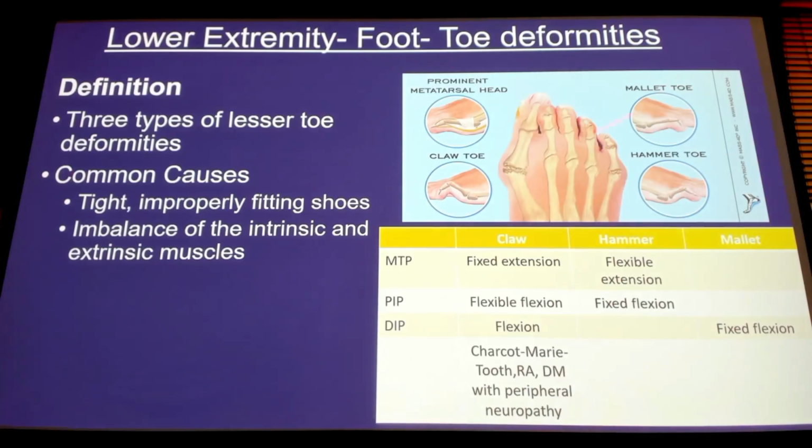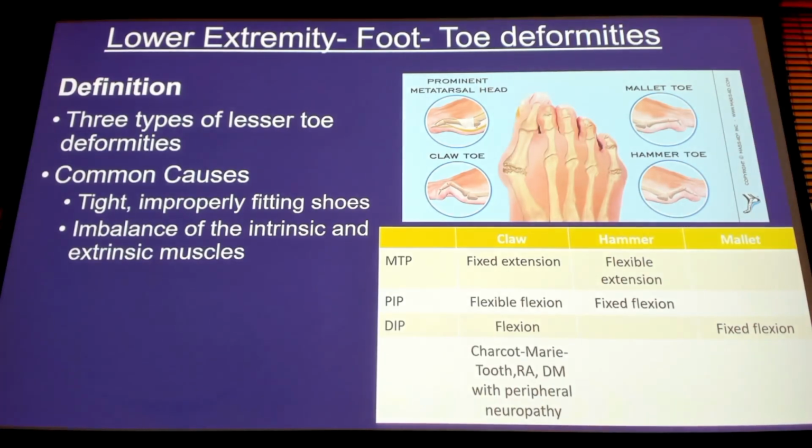So these conditions, the mallet toe, the hammer toe, and the claw toe, other than some other conditions that cause them, are usually caused by improper and ill-fitting shoes. So just like with any of the other toe conditions, what is the first thing you want to advise the patient?